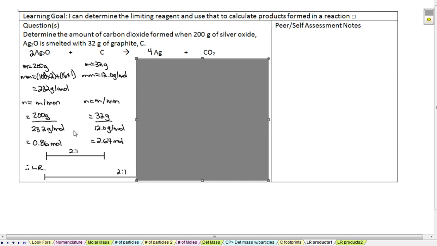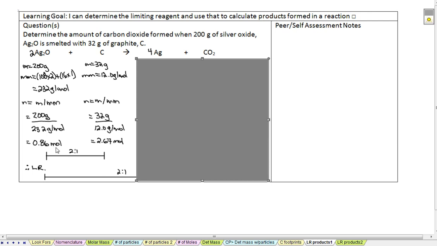Now we can see right away that I should have twice as much silver oxide as I have carbon. That's my ratio. Do I have that here? No, I don't have nearly enough silver oxide to use up all of the carbon. I would need twice as much of this for my silver oxide, and I don't have that.